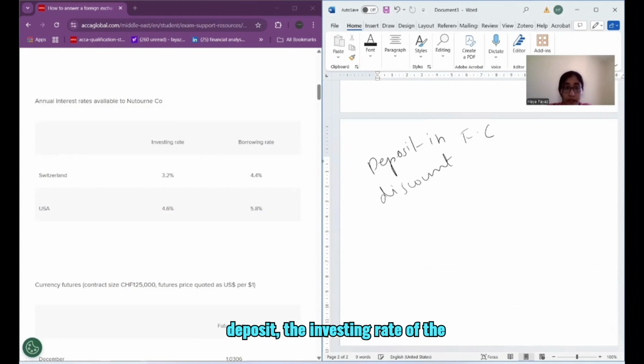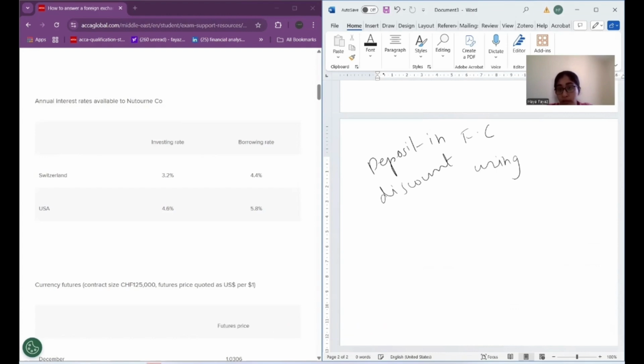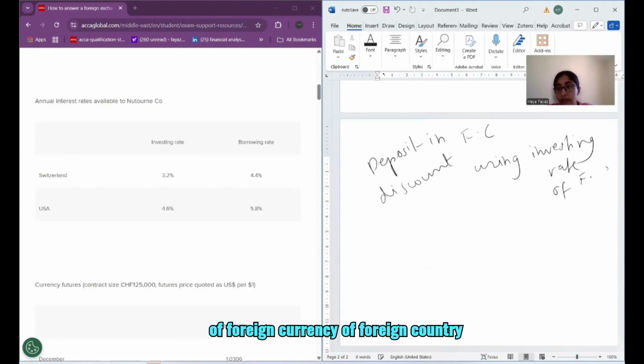Using the deposit, the investing rate of the foreign country, that is Switzerland here, and for 6 months or whenever the payment is to be made.